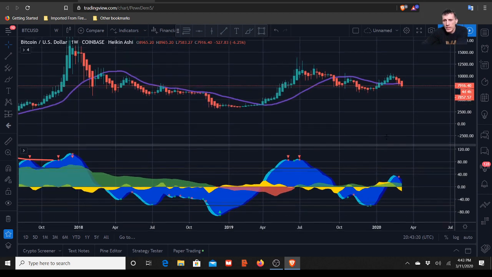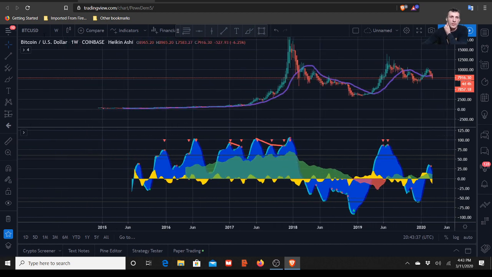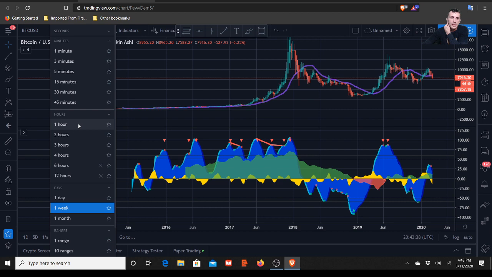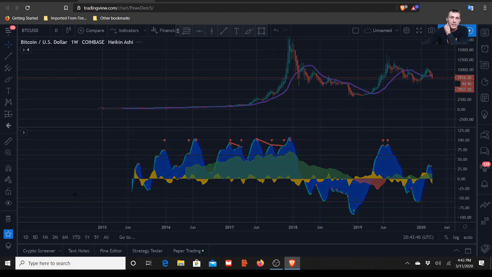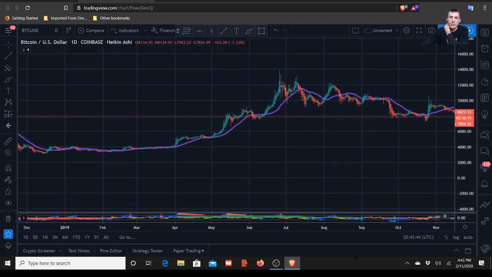On the weekly, the money flow index does look like it is starting to make a curl. We will see. We did print a move down dot here. Wave did cut in. Price did move down. Go back to the day. Smash this down.